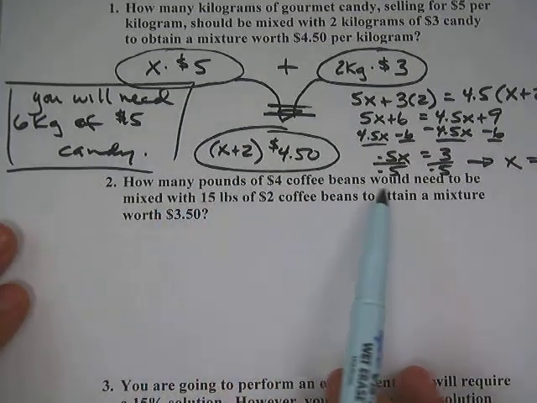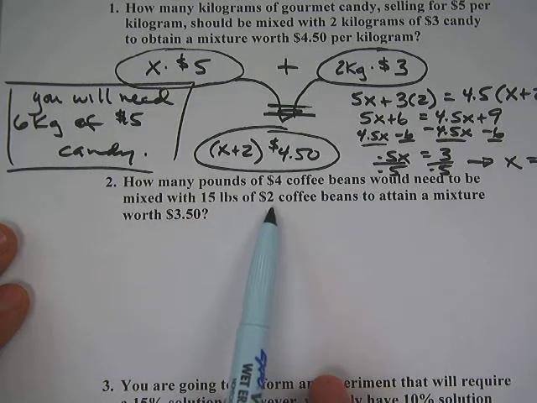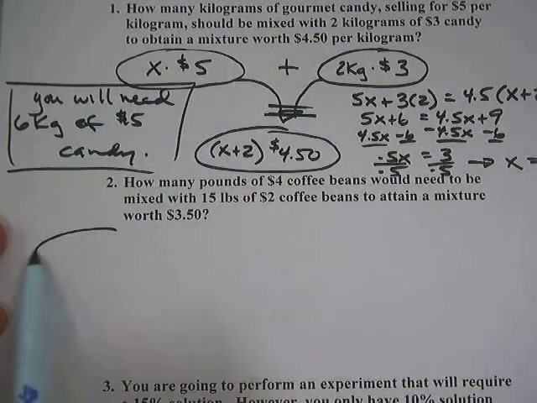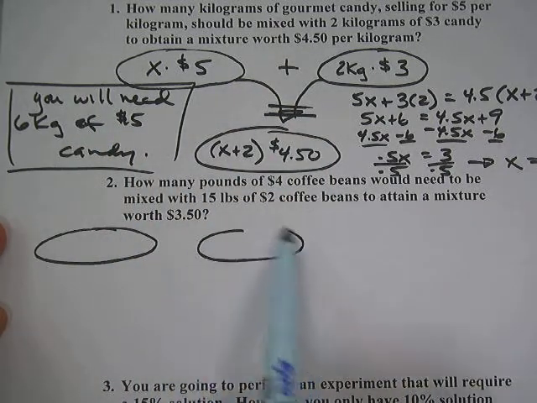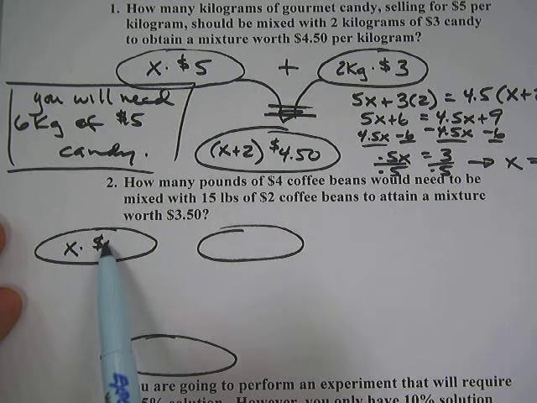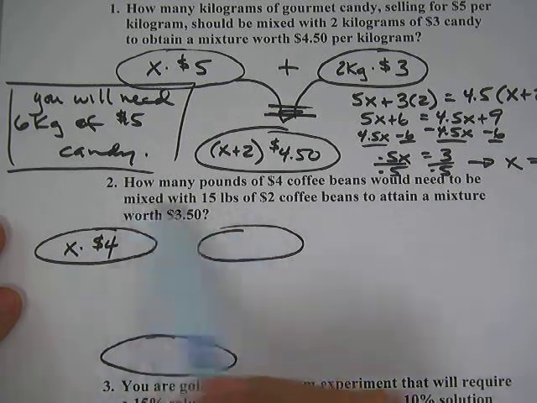Okay, so let's try one more. It says, how many pounds of $4 coffee would be needed to mix with 15 pounds of $2 coffee to attain a mixture of $3.50? If we go through the same thing, we have our two bags of coffee here and we have our solution. How many pounds of $4 coffee?